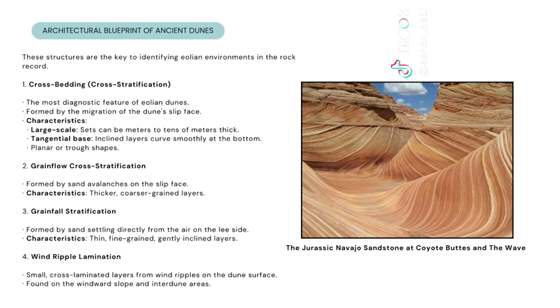Lastly, wind ripple lamination is usually created by ripples on the dune surface, usually found on the windward side, and results in very thin wavy layers. Together, these features tell the story of how dunes were built and reshaped by the wind.